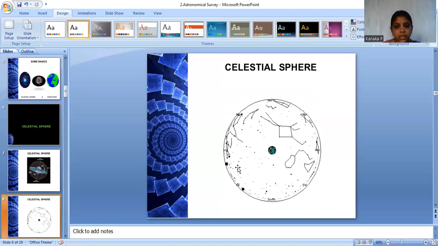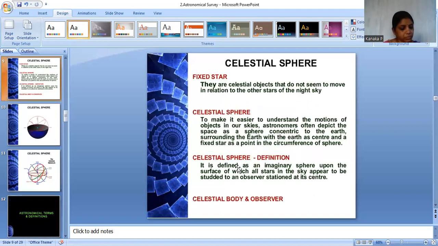So this is the telescope here. First one is fixed star, celestial sphere, celestial sphere definition, celestial body, and the observer. Fixed stars are celestial objects that do not seem to move in relation to the other stars of the night sky.